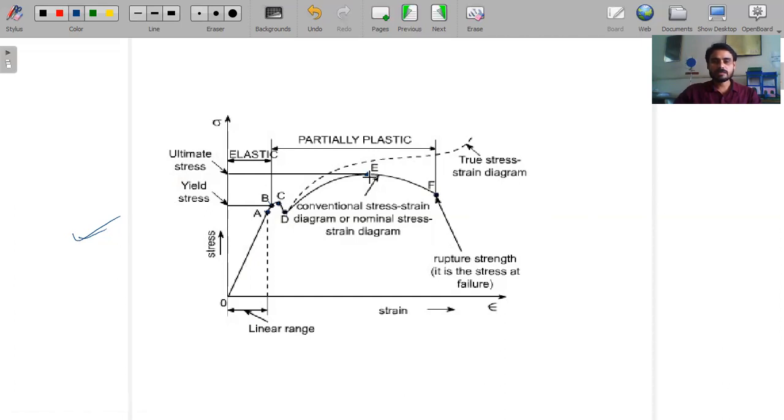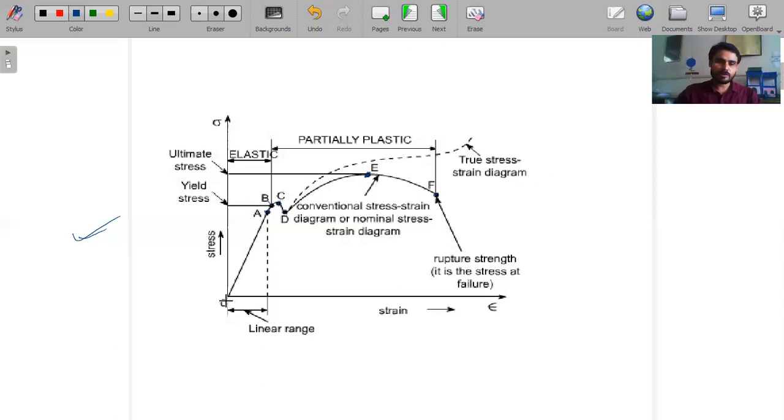So the strength at that point is called ultimate strength or ultimate stress. After that point, the material cannot bear much more load, and the failure starts in the form of necking. The necking phenomenon generally starts from that particular point E, and at point F, the material fails or fractures in the form of a cup and cone shape.